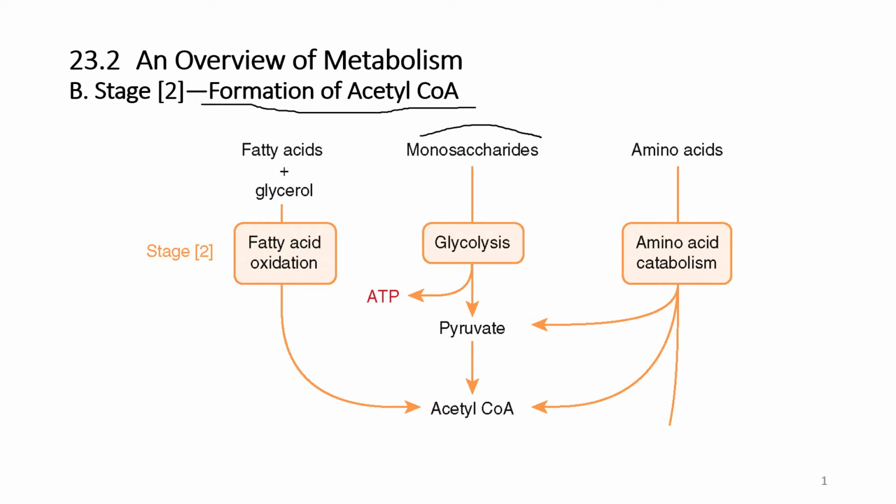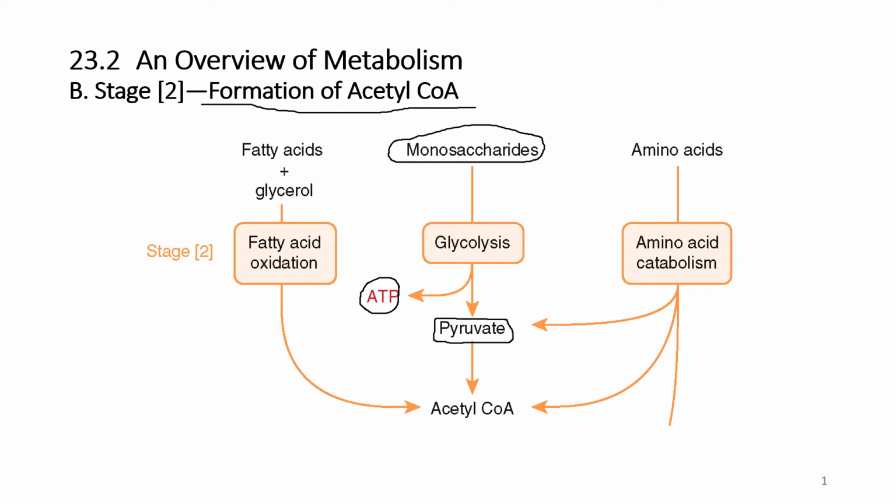The first one we'll look at is metabolism of monosaccharides through the glycolysis pathway. A little ATP is produced, and remember ATP is the major metabolic power related biomolecule, and the end product of glycolysis is a substance called pyruvate.